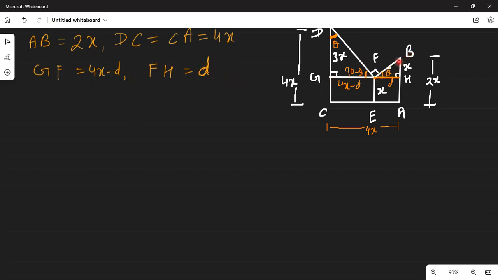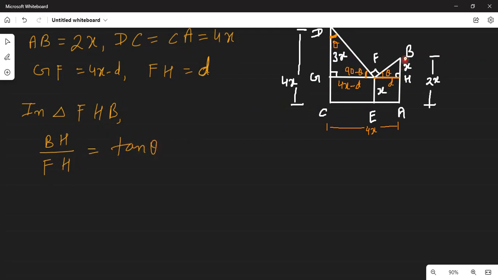We have also shown that this angle is theta. Everything is shown on the diagram. So can you find, using trigonometry, tan theta in this triangle and tan theta in the other triangle? What would be tan theta in triangle FHB? BH over FH is equal to tan theta.